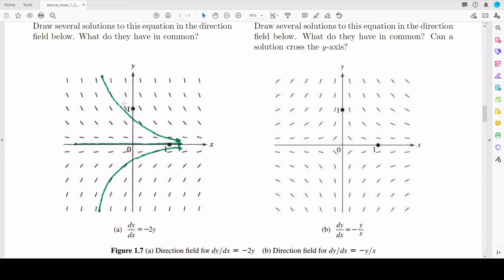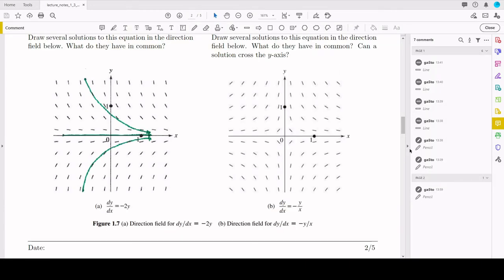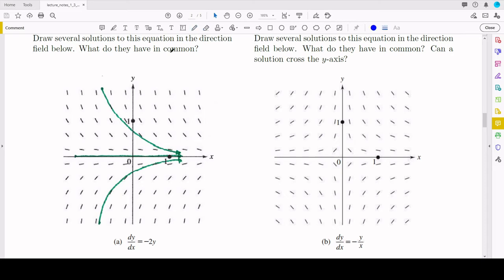Now, what do they all have in common? They all approach the x-axis. So what we can write down here for the solution is that the limit as x goes to infinity of y of x, our solution to the differential equation, is 0.